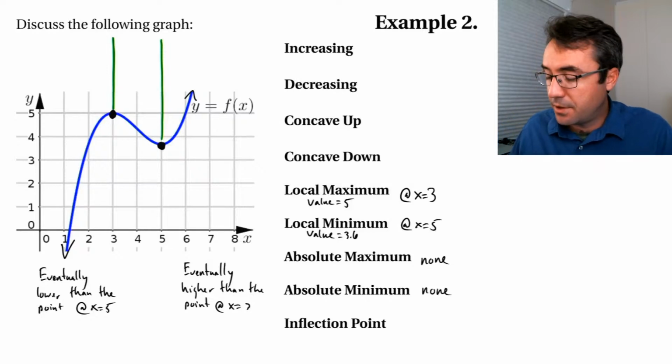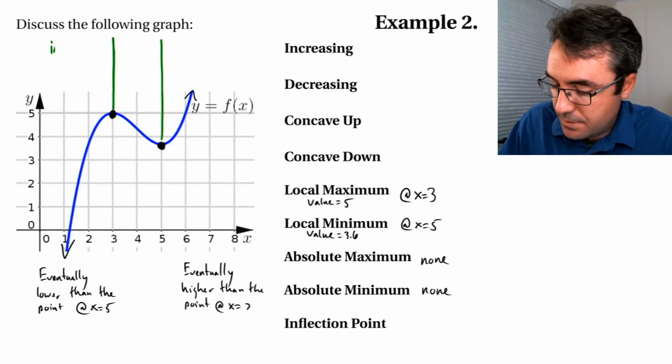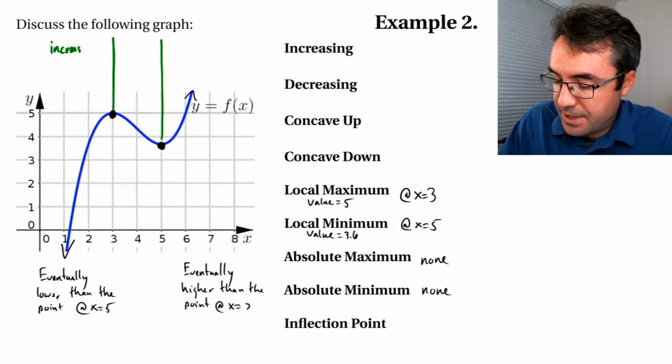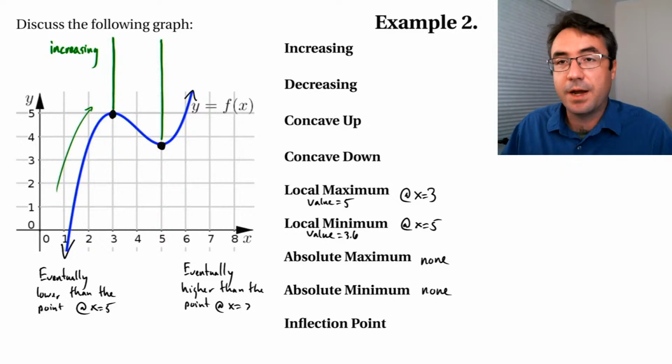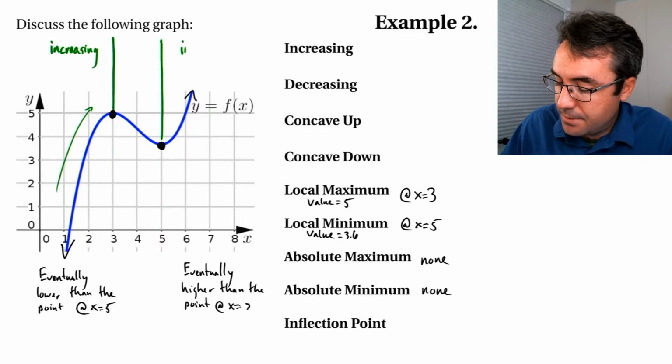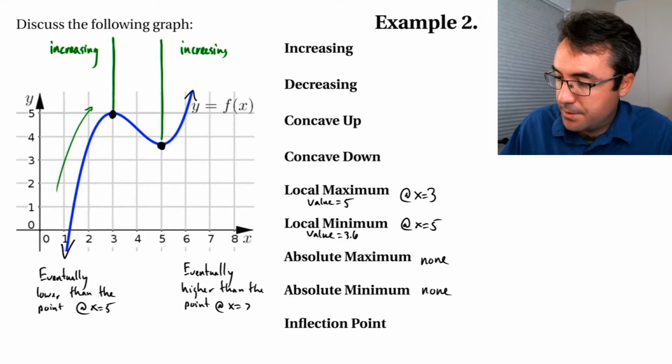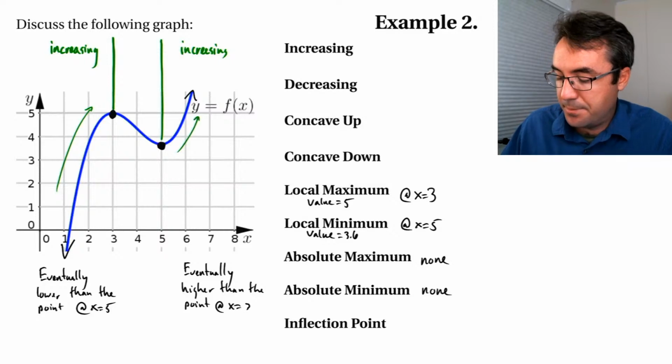So if we look to the left, our graph is increasing over here, and that's because it's moving up. Same thing if we go all the way to the right, also increasing over here. So our graph is moving up.